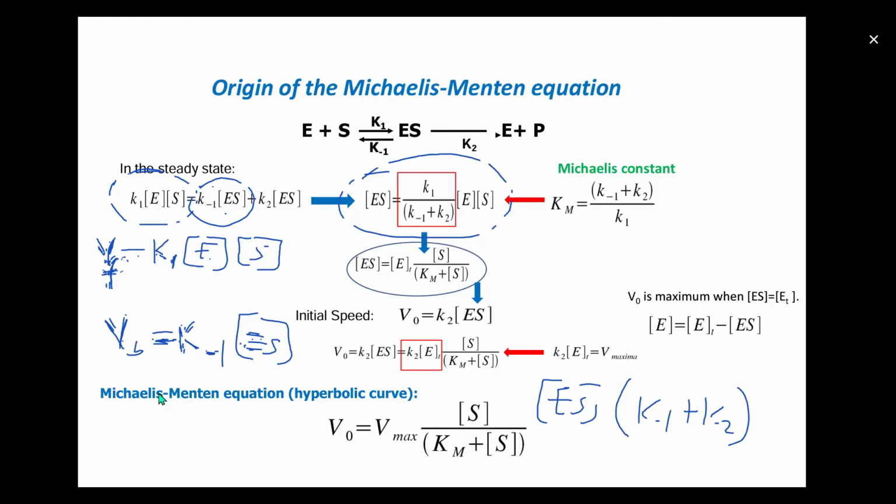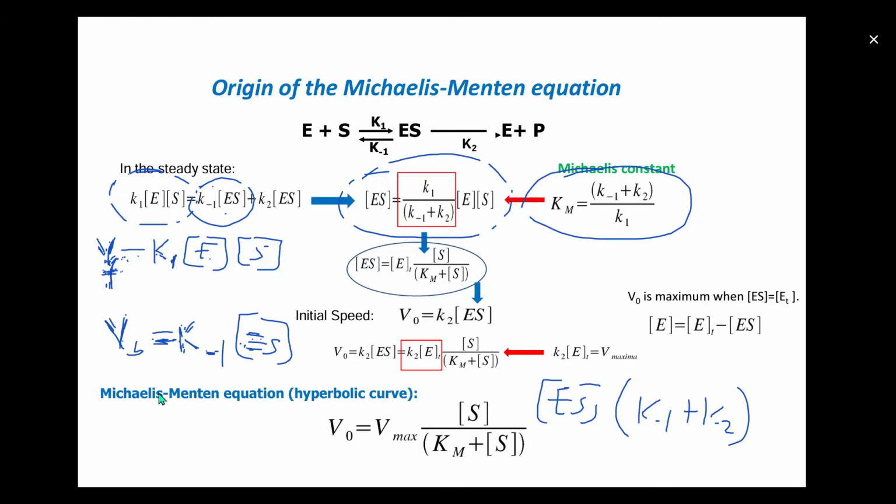And of course, we know that the Km is minus K1 plus K2 all over K1 from our previous slide. So this is our Km, the Michaelis Menten constant. Since we have this, we can just substitute the whole of this with Km. We then end up with enzyme substrate complex times substrate divided by Km.